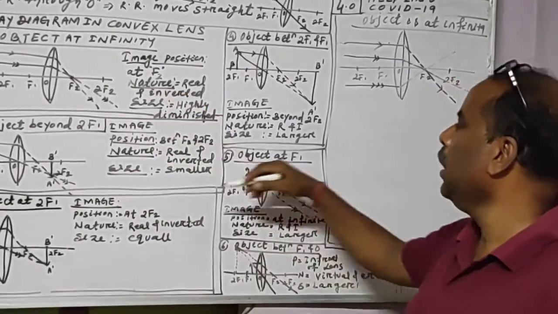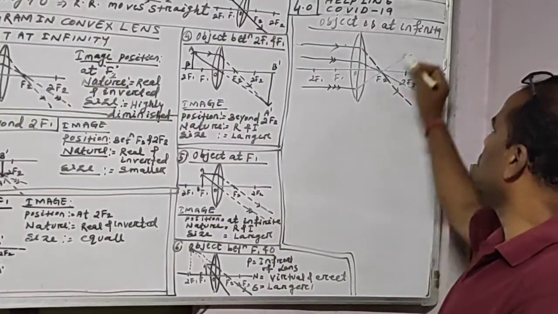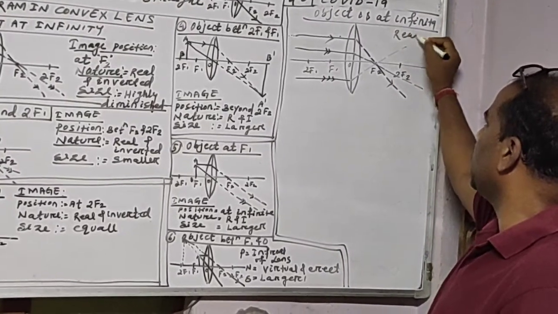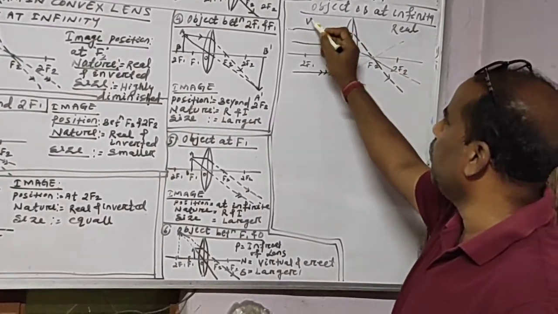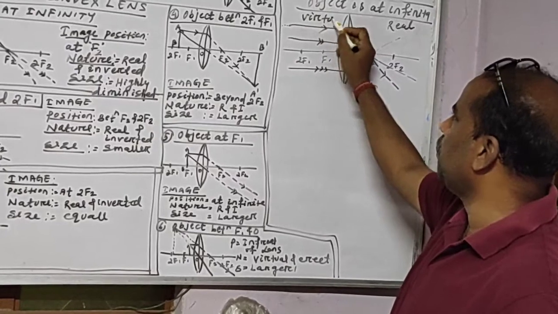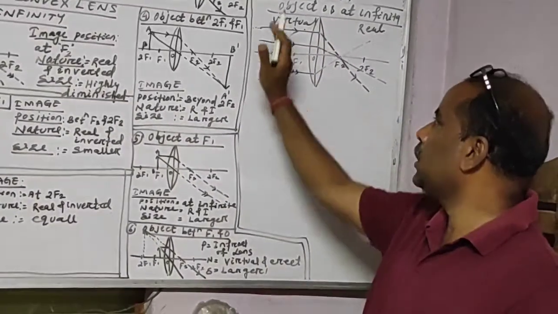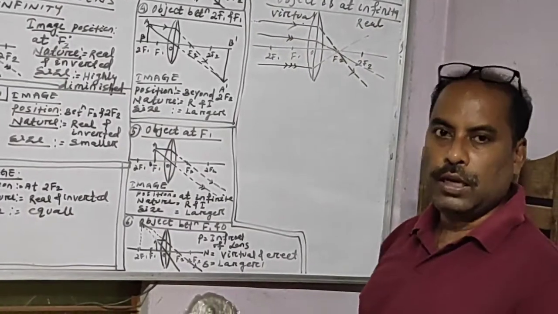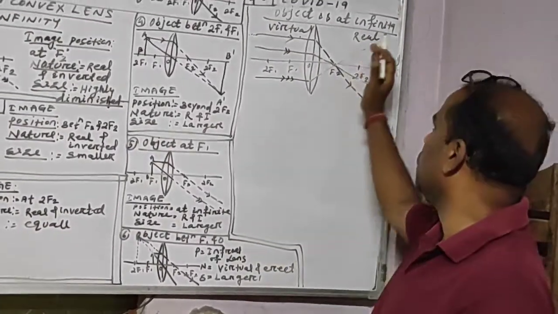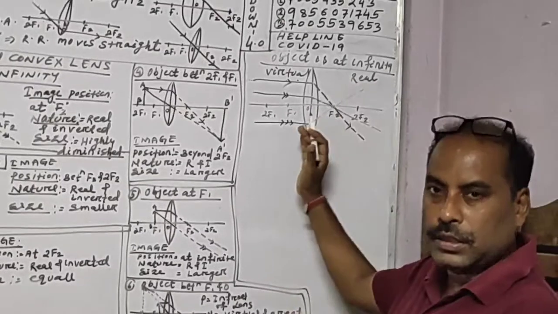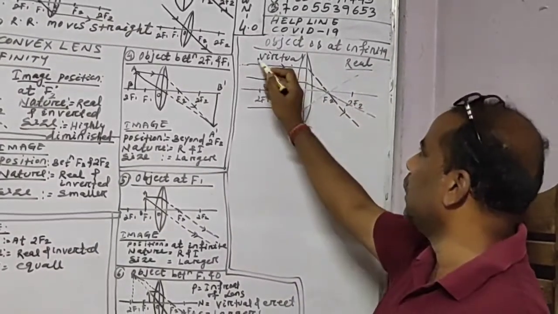Then the nature. I have told you, in a lens, the right side will always be real and the left side will be virtual, just opposite to the concave mirror. In a concave mirror, this side is real and this side is virtual, but in case of a lens, this side is real and this side is virtual.